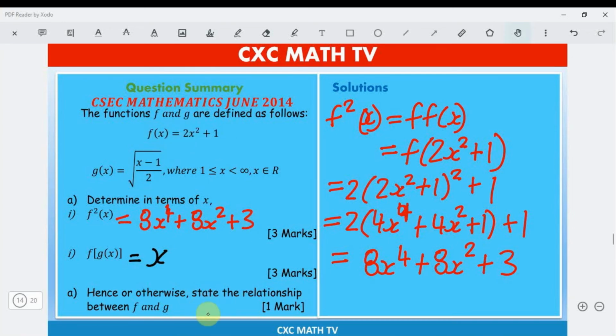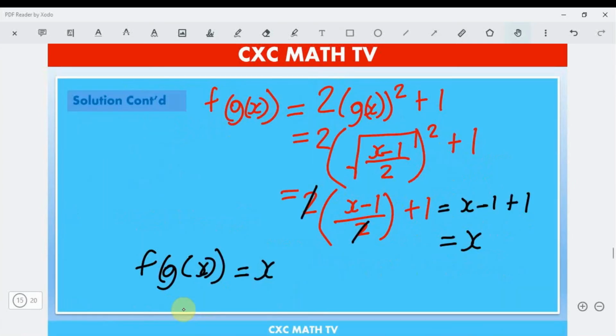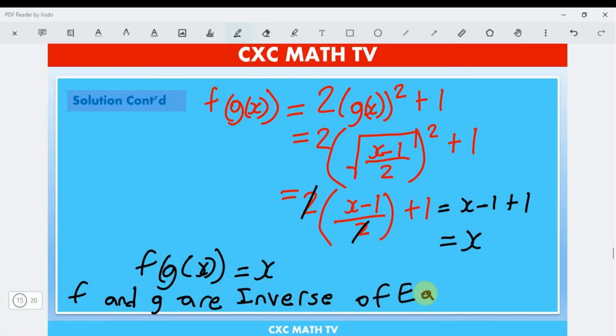So hence or otherwise, state the relationship between f and g. They are inverse of each other. So let's just write it around here. We can write f and g are inverse of each other. Both functions are inverse of each other. Wow! Nice. That takes care of that.